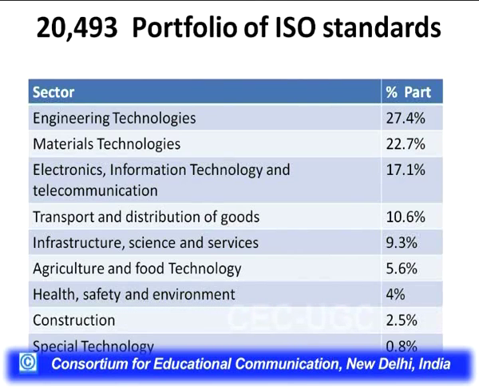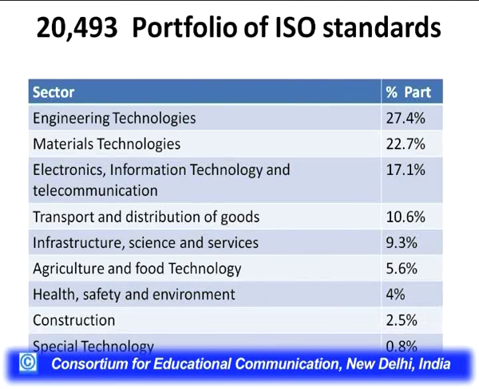Agriculture and food technology has a share of 5.6%. Health, safety and environment has just 4%. In fact, this 4% is what we will be discussing today, which is the topic of our discussion, that is ISO 14000 and its various categories.